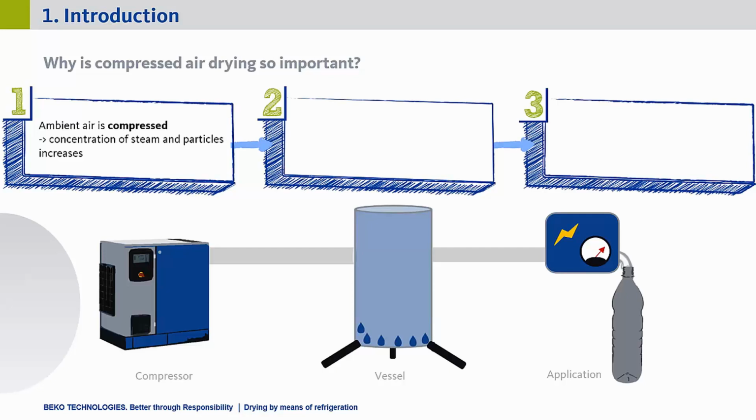As we now do not treat this compressed air, the oil and water vapors will naturally condense as the air cools down in the pipes and vessel, and therefore droplets and liquid water will occur.